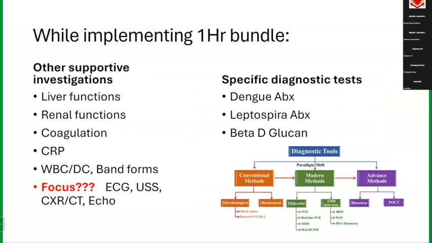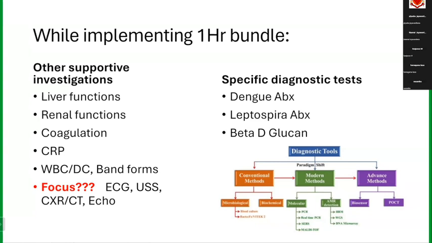You can use imaging studies as well. And if you suspect a specific illness, for instance leptospirosis, you can send leptospirosis antigens and antibodies. But these test results get late. That's why we need to identify patients using our clinical sense, an infection, and the scoring system.